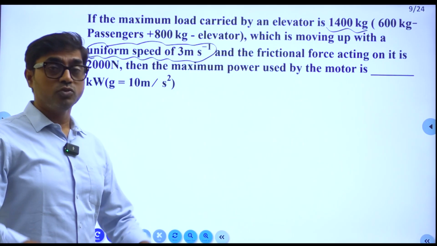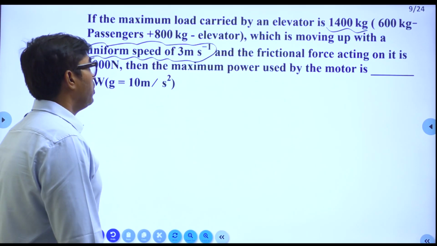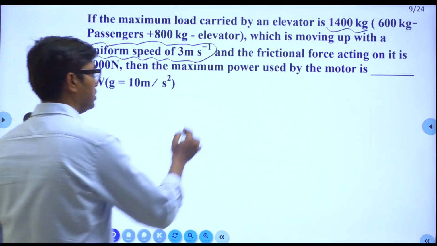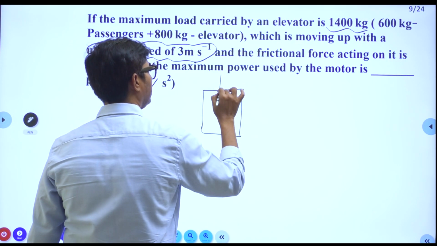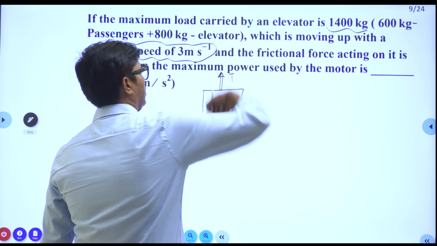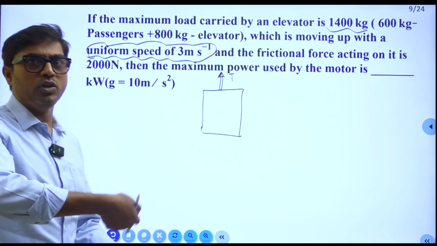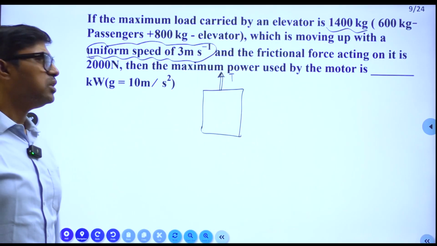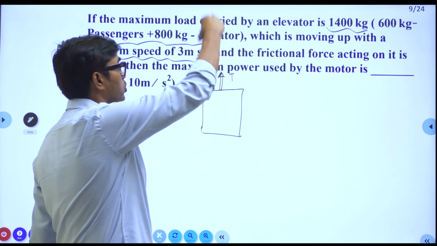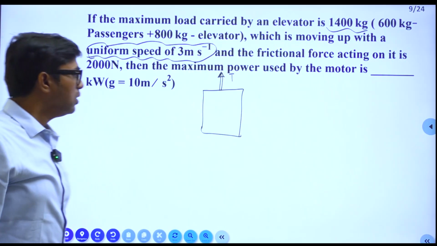There is a frictional force also we need to consider there. Then the maximum power used by the motor is, okay. So if you look at the elevator, there is a cable which is pulling it up. So the motor is trying to pull it up. Power delivered by this tension is nothing but power delivered by the motor, assuming transmission from motor to cable is 100%.